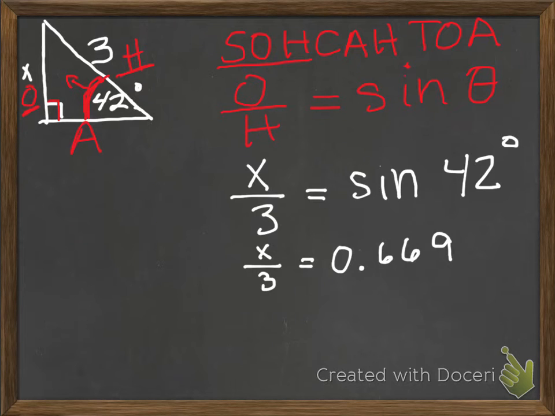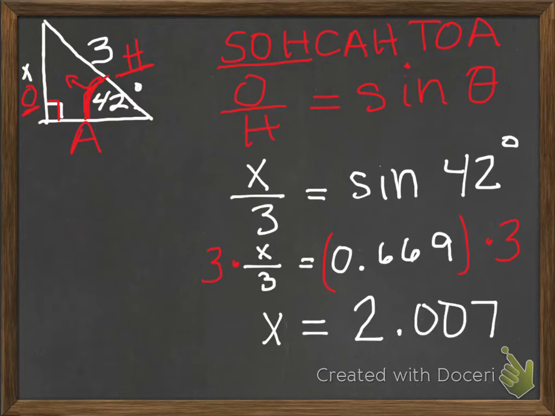Now you have an equation that you can solve. We solve for x, which is the one we wanted to know. Multiply by 3 on both sides, and x equals 2.007. Well, it should be approximately, but that's it right there.